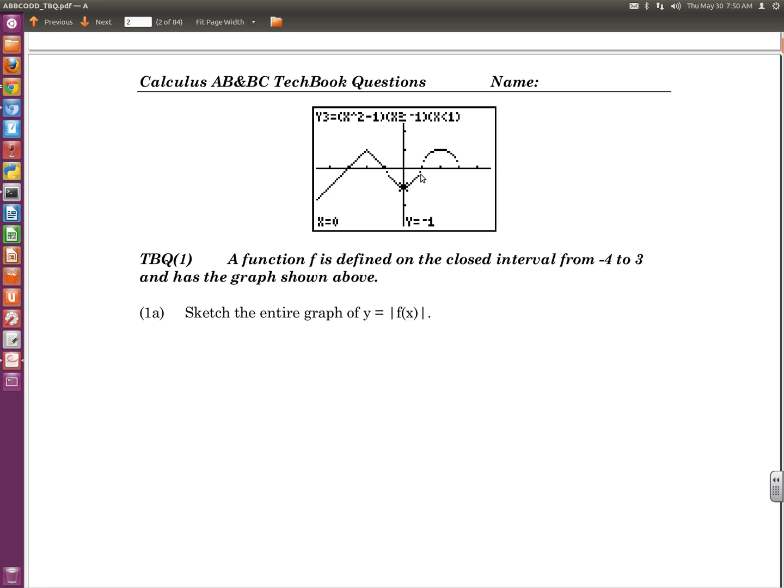F3 could be this line. F4 could be this line. And you can plot F1, F2, F3, F4. But then how do you take the absolute value of the whole thing in one swell foop? Well, what I'm thinking is, can I make one function that represents this whole mess? And then I can just absolute value it.